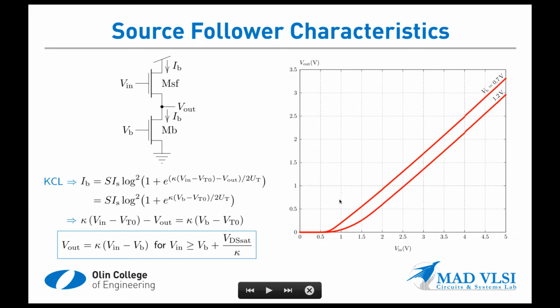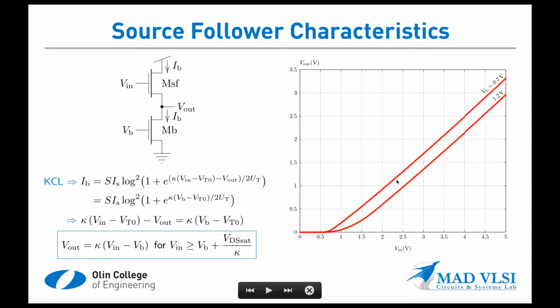If you take the source follower voltage transfer characteristic here, and you look at where the bias transistor would be saturated, that would be above, let's say here, and you take the numerical derivative of this curve, you can get a good sense of what kappa looks like as a function of the gate to bulk voltage.